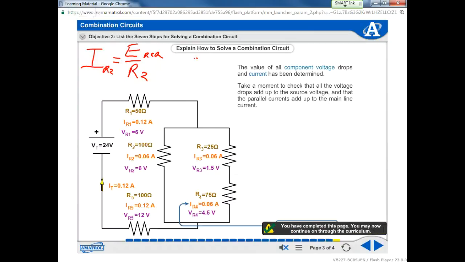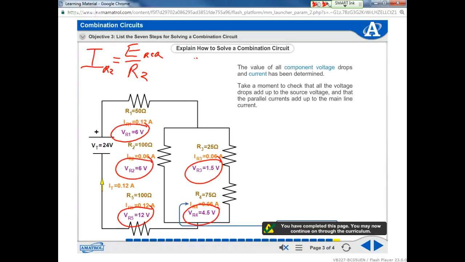Okay. Now, what do we notice about these values? This is where you double check your calculations. 6 volts. 1.5 volts. 12 volts. And 4.5 volts. So, what does that add up to?